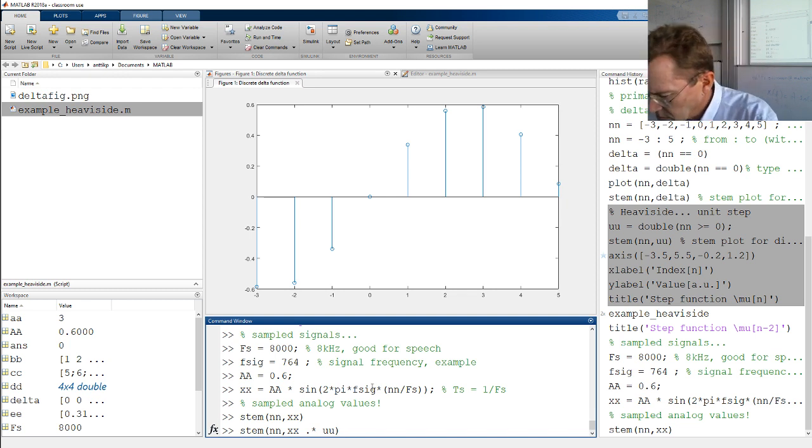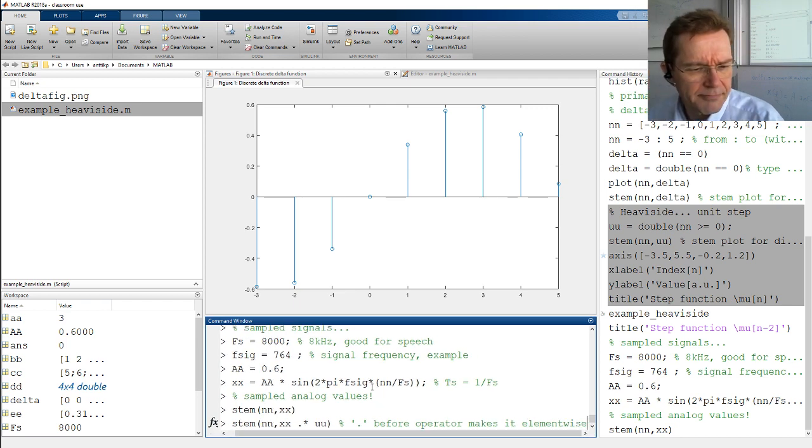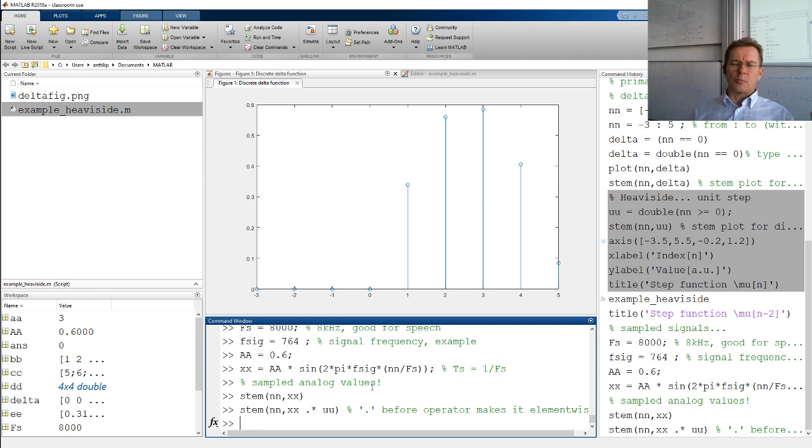So the dot before the operator makes it element-wise. There we go. So this is the way to start the signal at a certain point. Just multiply it with this Heaviside function. Then that one actually makes those first values 0. Okay, so that's how you do samples.